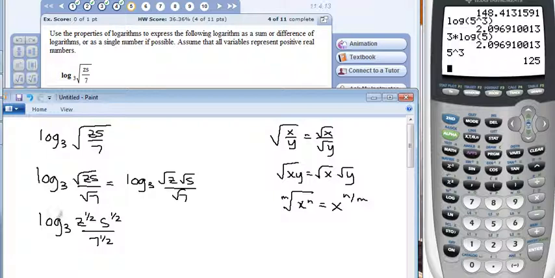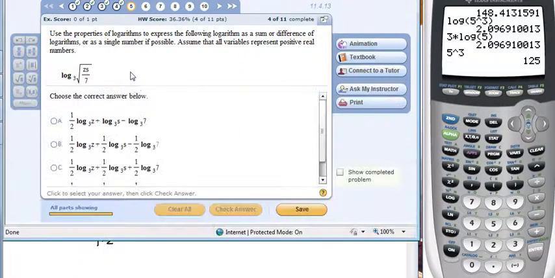So it should be log base 3 of z with the 1/2 in front plus log base 3 of s with the 1/2 in front minus log base 3 of 7 with the 1/2 in front. So that's got to be one of those choices in there. Plus and minus, looks like it's that one. But I'm going to leave you alone on that one.